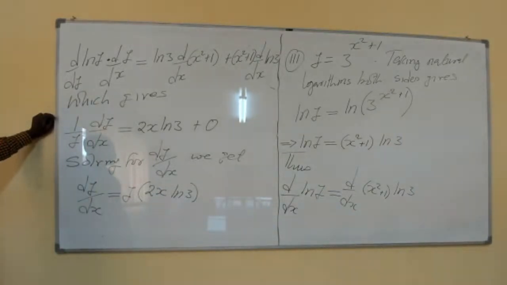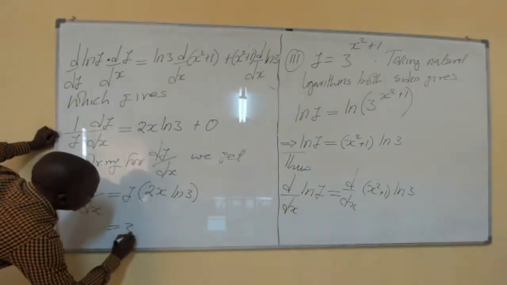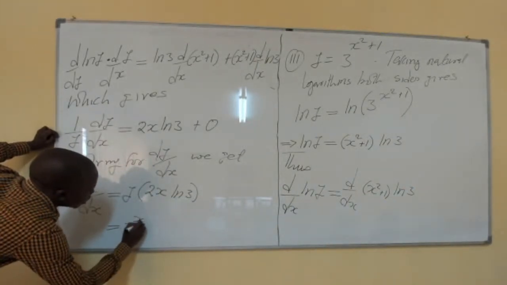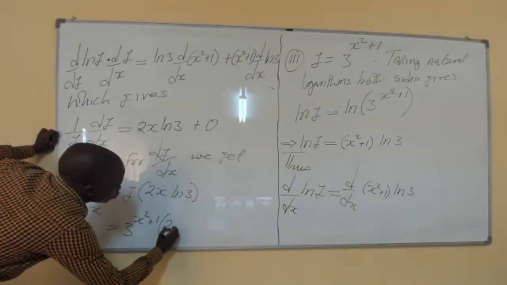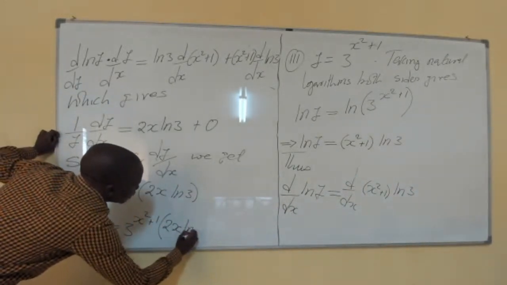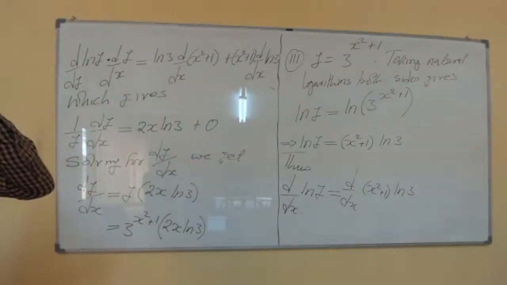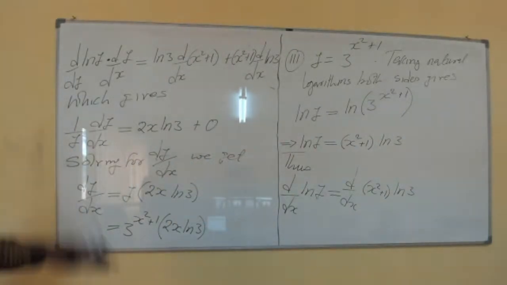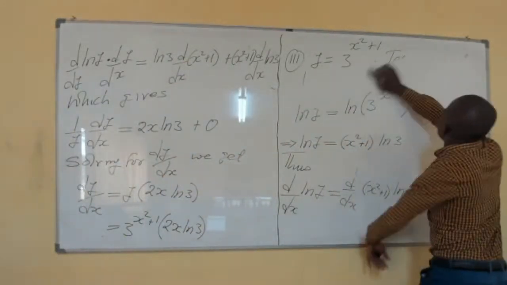But what is y? Our y is equal to 3 to the power x squared plus 1, multiplied by 2x ln of 3. But if you look at 2x ln of 3, you can either leave it there or you can reduce it further.